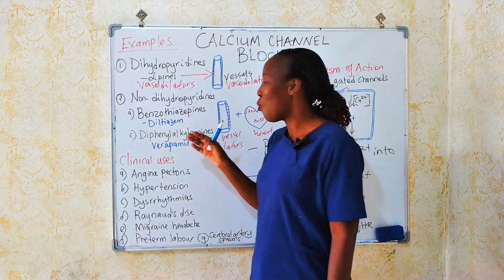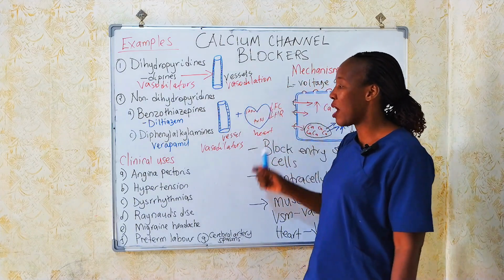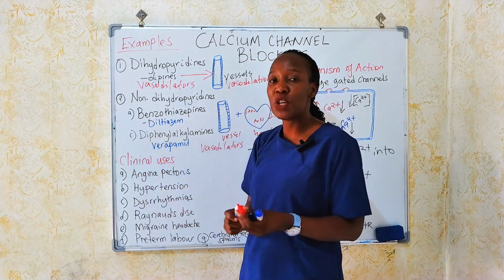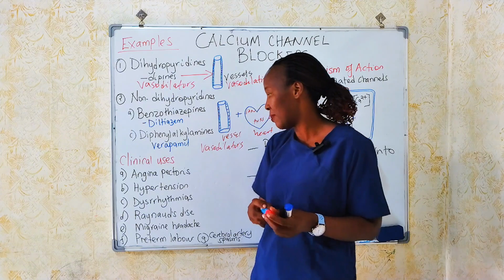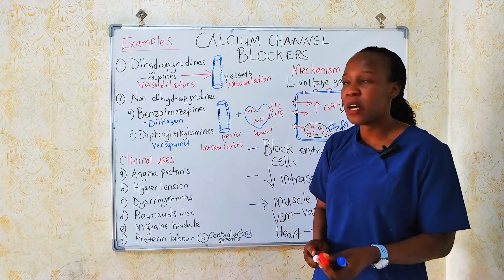Now, once we have understood those facts about these calcium channel blockers, what clinical conditions may we use the calcium channel blockers in? The first clinical indication is going to be angina pectoris.